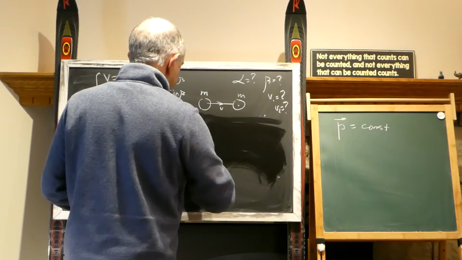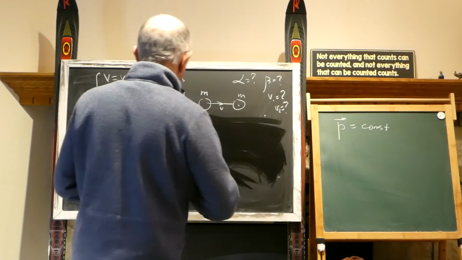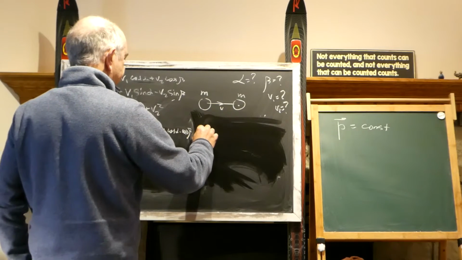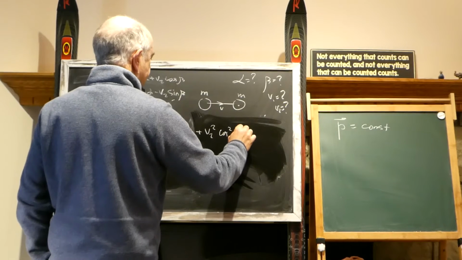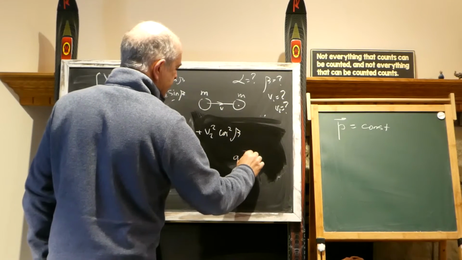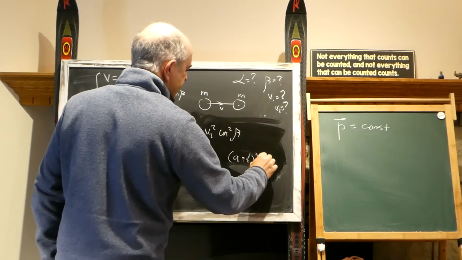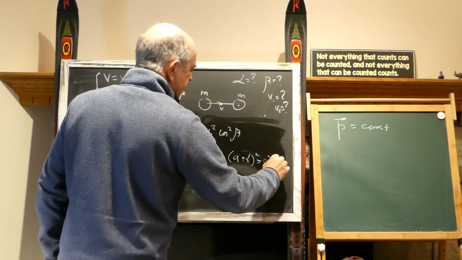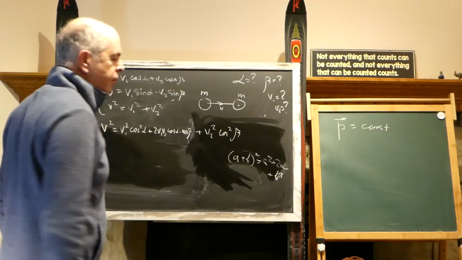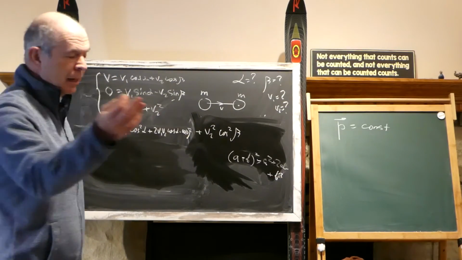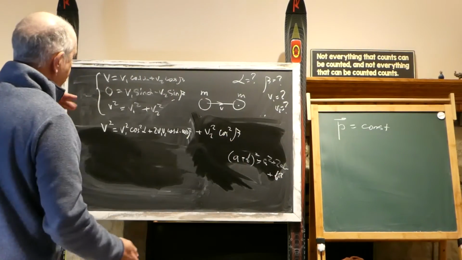We have it, and plus v2 squared cosine squared beta. All I'm using is a plus b squared equals a squared plus 2ab plus b squared. Nothing more. And this is again prerequisite algebra, it's a basic formula.